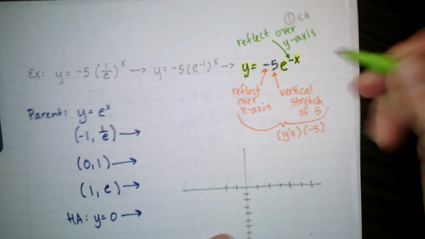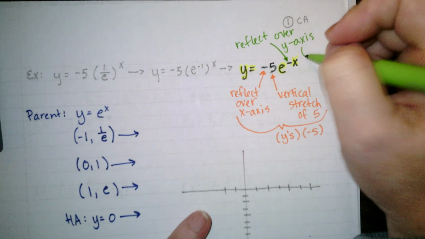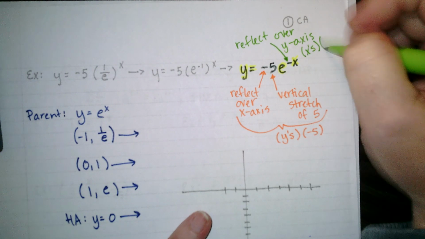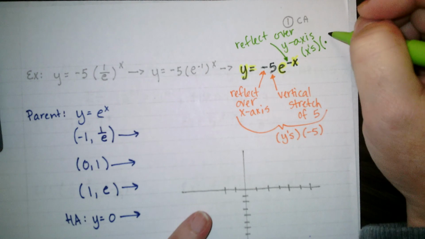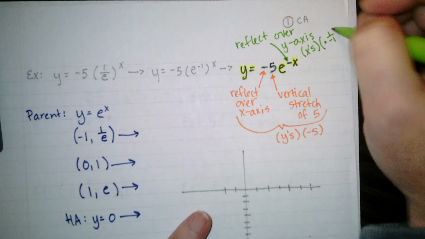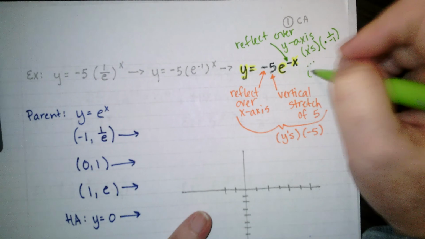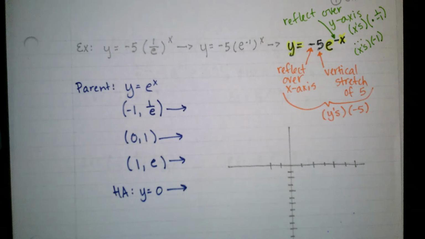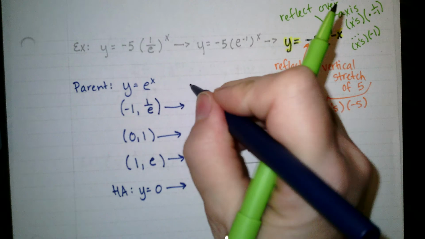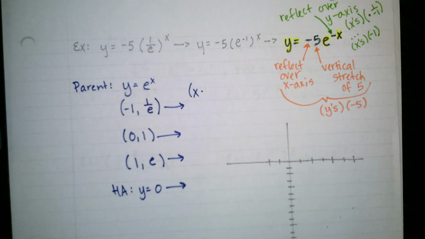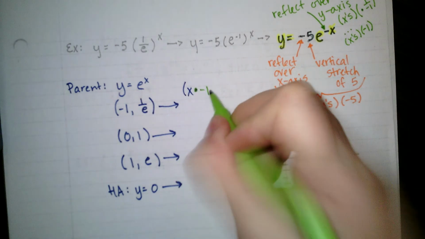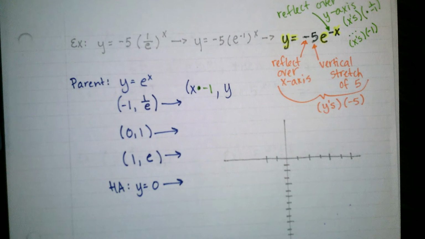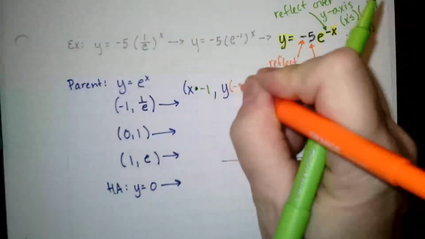And so what we're going to do is take all of our x's, and technically we're going to multiply them by 1 over -1, but that's the same thing as taking all of our x's times -1. So our transformations are going to require us to take all of our x values and multiply them by -1, and take all of our y values and multiply them by -5.